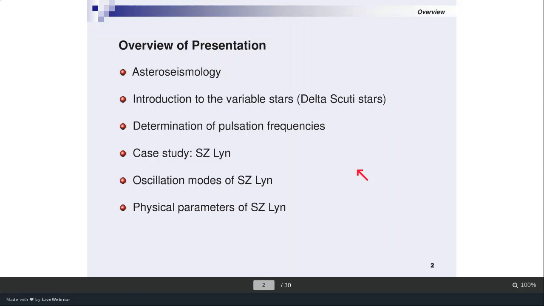This is based on the pulsation or the oscillations of stars. I will explain how you find out the pulsation frequencies, and a case study. That means one example showing how this asteroseismology is applied on variable stars or pulsating stars.